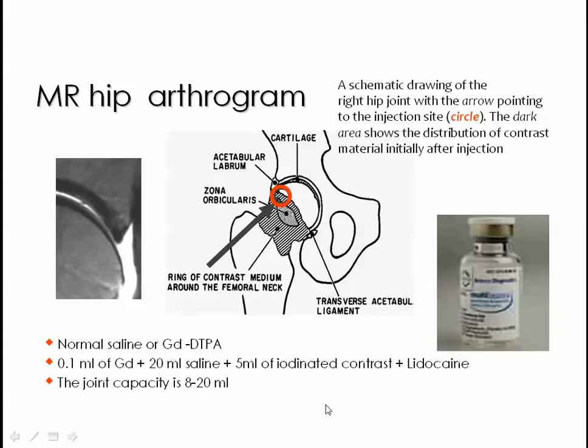The contrast media usually includes about 0.1 milliliter of gadolinium and 20 milliliters of saline, and you add 5 milliliters of iodinated contrast media in order to see the injection or the flow of contrast under screen control. Then you know that the capacity of the hip joint is about 8 to 20 milliliters.